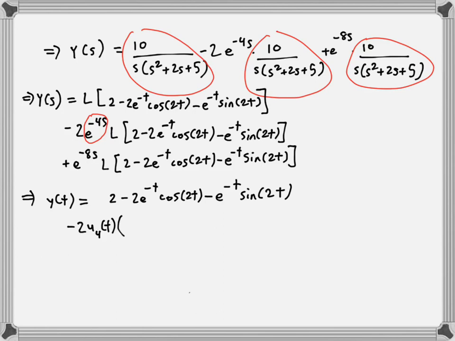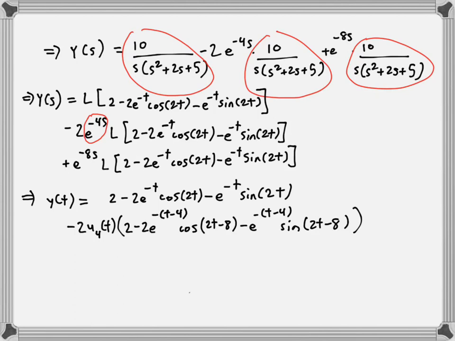I'm going to have all that stuff except instead of a t, every t that I see, I'm going to replace it with t minus 4. So it's going to be 2 minus 2e to the negative (t minus 4) cosine of, if you replace t with t minus 4, that's 2t minus 8, minus e to the negative (t minus 4) sine of 2t minus 8.